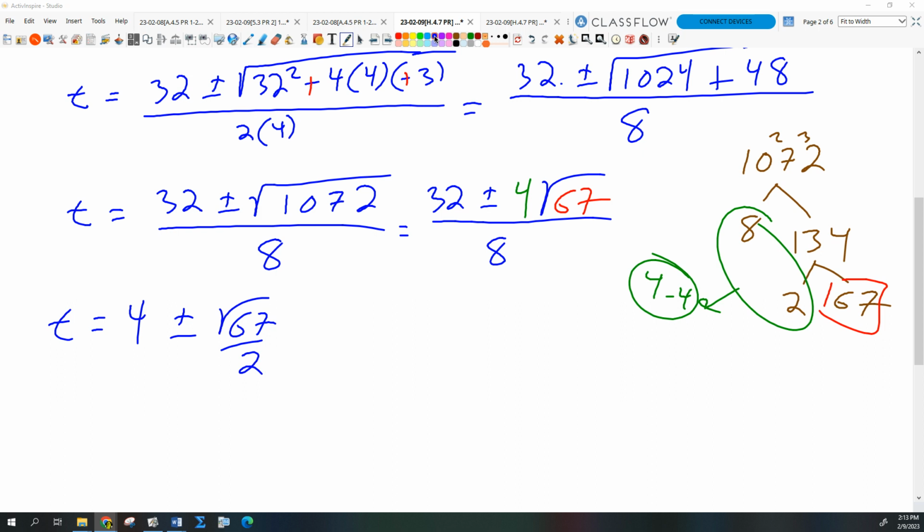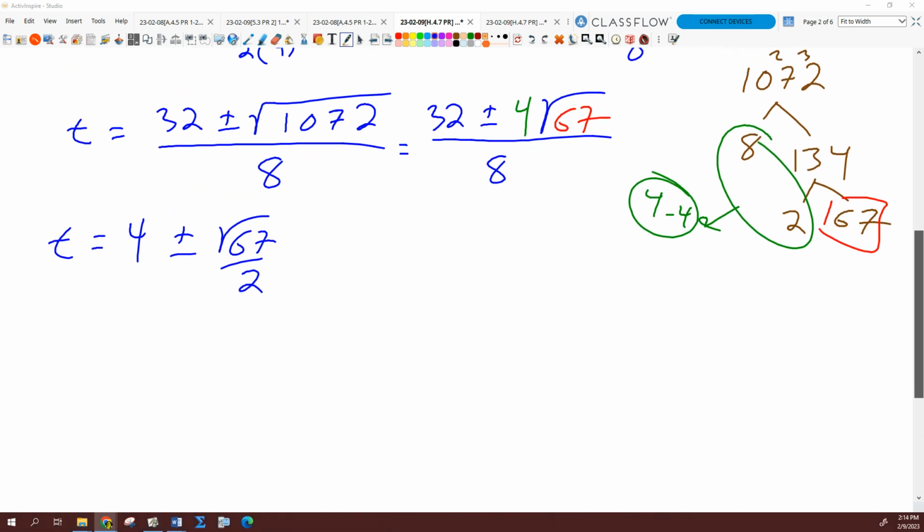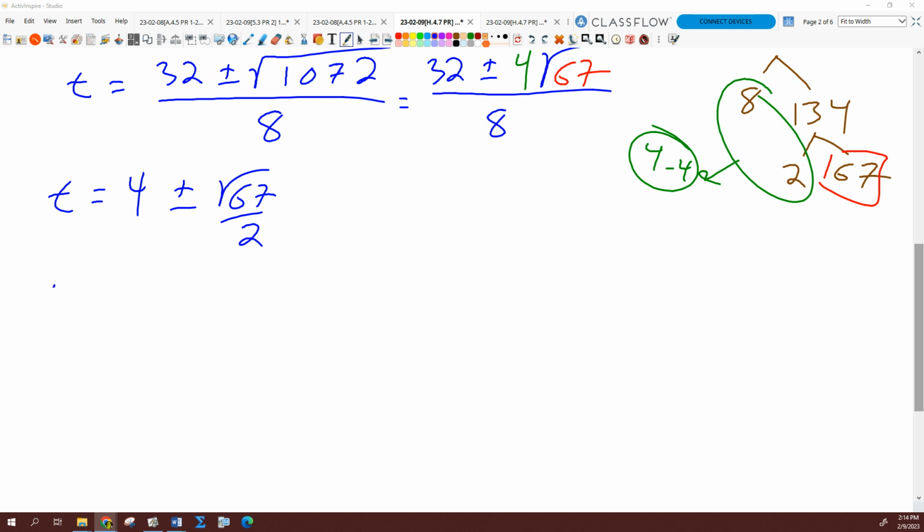What are we going to do with that? Let's turn those into decimals. How about? We'll just go out to like 3 places. Somebody, real quick, tell me what those are. What is 4 plus the square root of 67 over 2? Yeah, let's do it on a calculator. Square root of 67 is going to be like 8.2-ish.